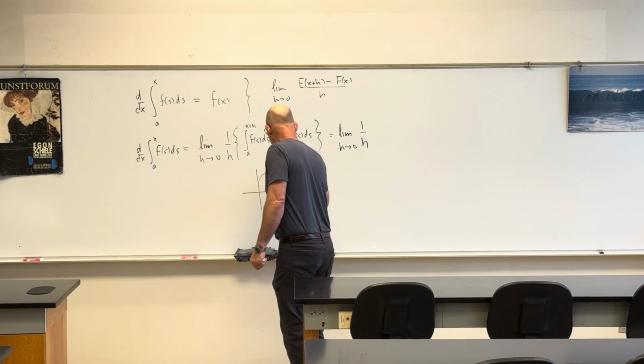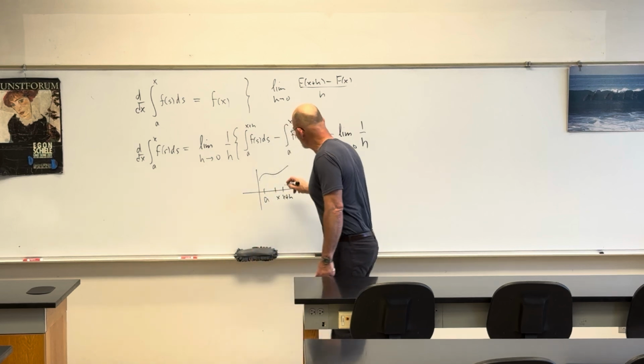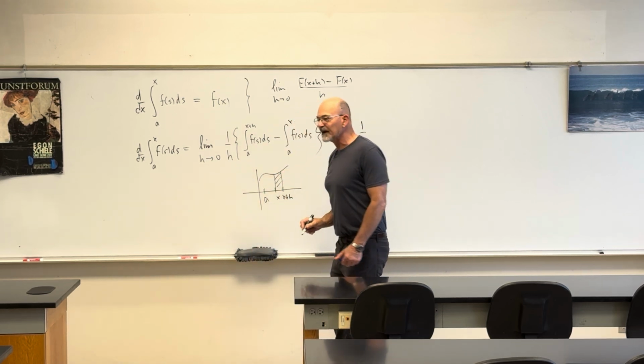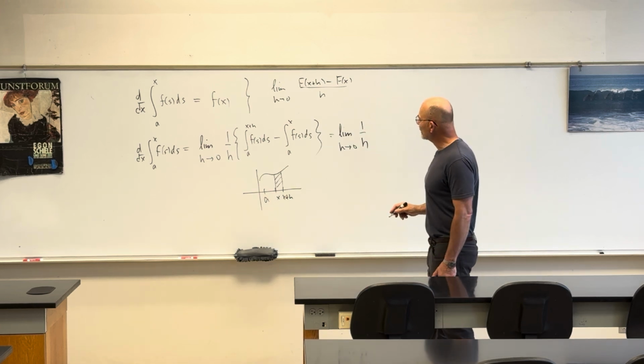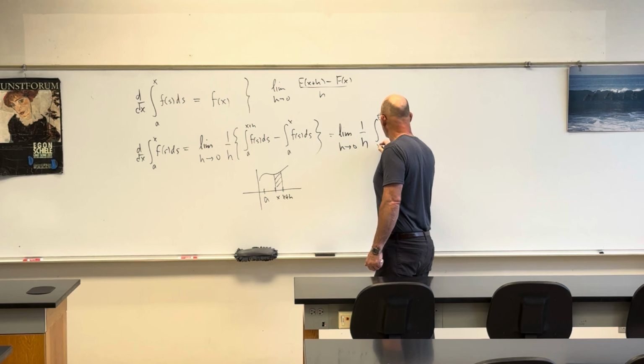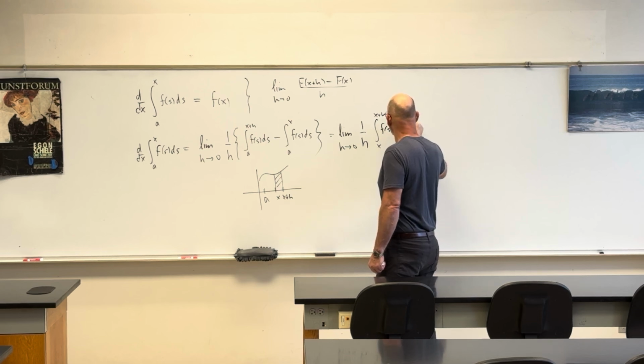If we had a to x plus h, then the difference of these two integrals is right there, so that is the integral from x to x plus h of f of s ds.